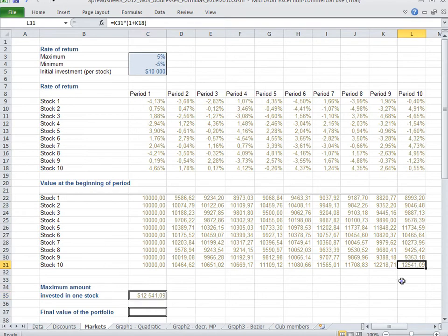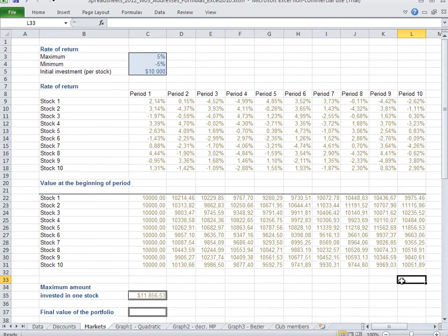But it actually doesn't have to be in the 10th year. For instance, here the best record is 11,800. It's going to take a little time to find it.